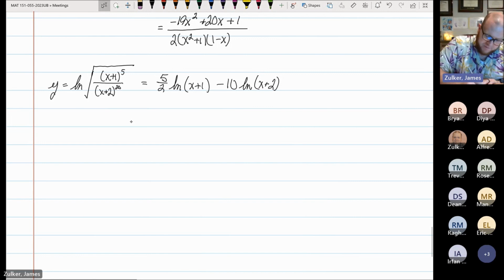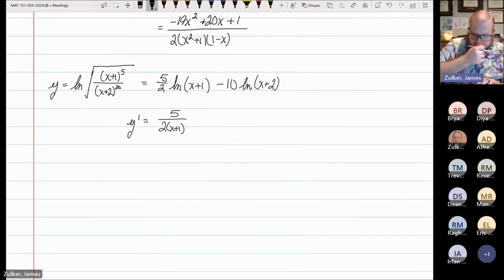Now take the derivative. Derivative of x plus 1 is 1, right? So it's just going to be 5/2 times the 1 over x plus 1. Derivative of x plus 2 is also 1. Right? And again, we can write this now as a single fraction.